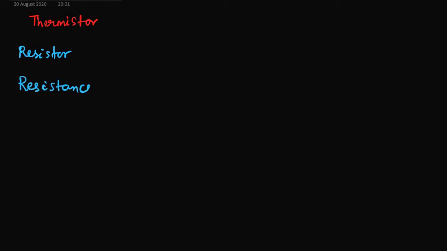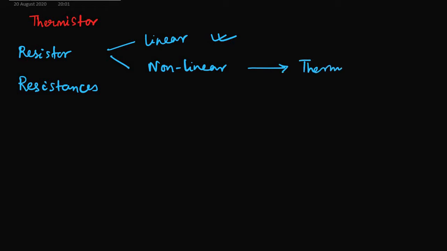Okay, you can go and refer to the previous videos if you have not watched them. Otherwise, if you are a subscriber, you must be knowing it. Now, in resistor, we have studied about two types of resistor. One is a linear one, another is a non-linear one. Linear one we finished already. Here in non-linear, we are going to study today thermistor.